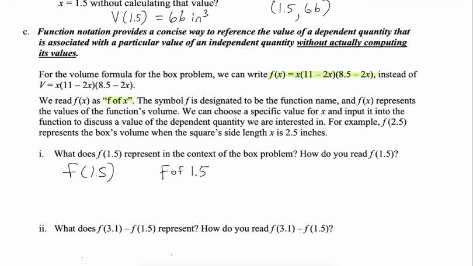Yes, that's the way we would read it. So that would be the answer to that, f of 1.5. But what does it tell us? Yes? How much we took away from the side. Okay, so it gave us the side length of the square.